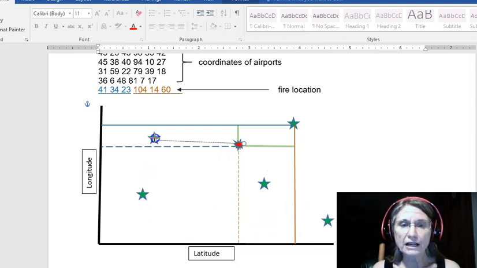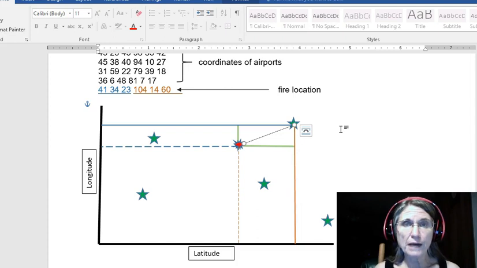And then the trick or the goal is going to be for you to come up with data storage methods. And we did talk about arrays in another video so that you can have some memory from one calculation to the next, and then determine which measurement is smallest.